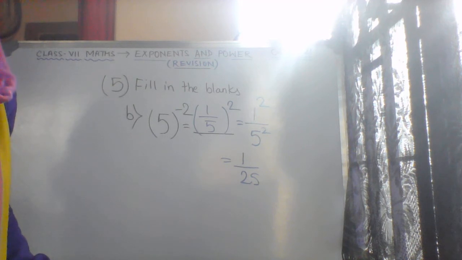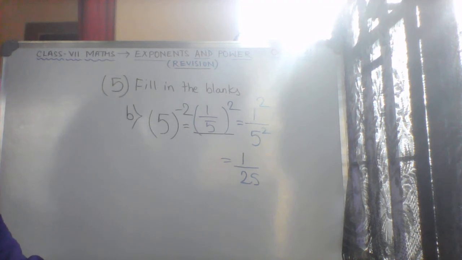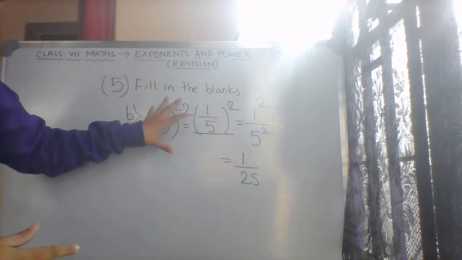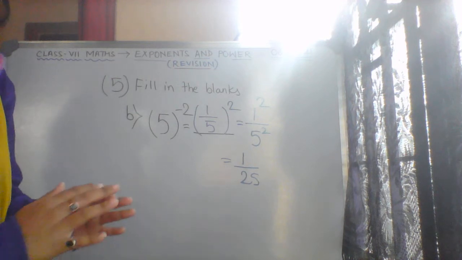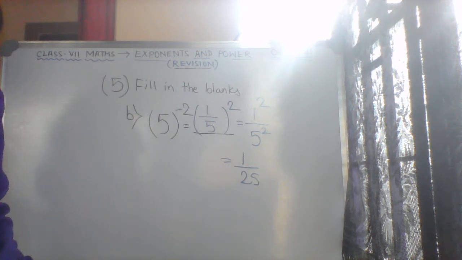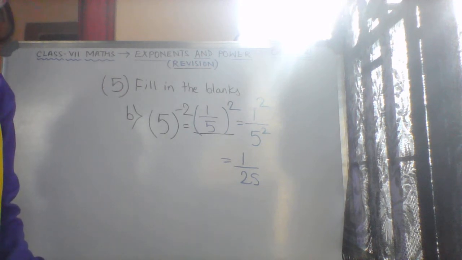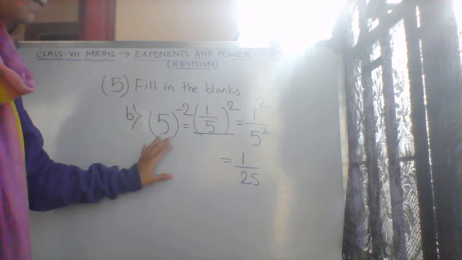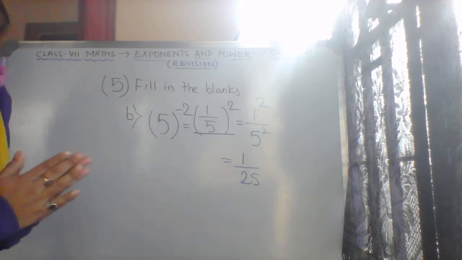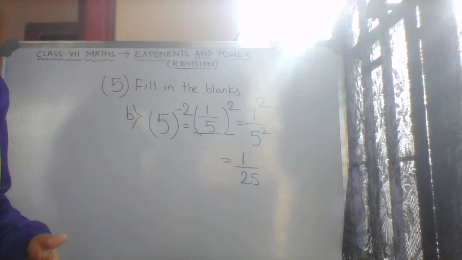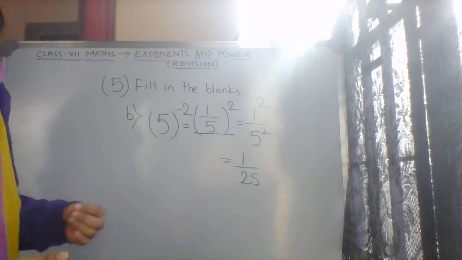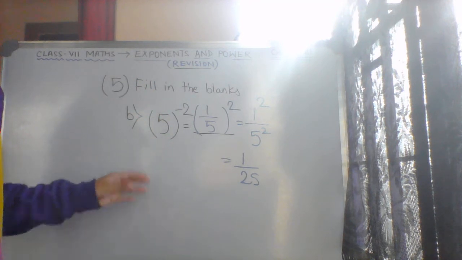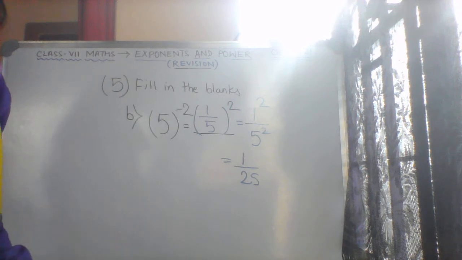Now next one. These are the basic parts, which we will use from this concept to solve a complicated problem, a bigger problem. When the question says simplify some expression with exponents and powers, we will try to apply all the laws we have discussed till now.